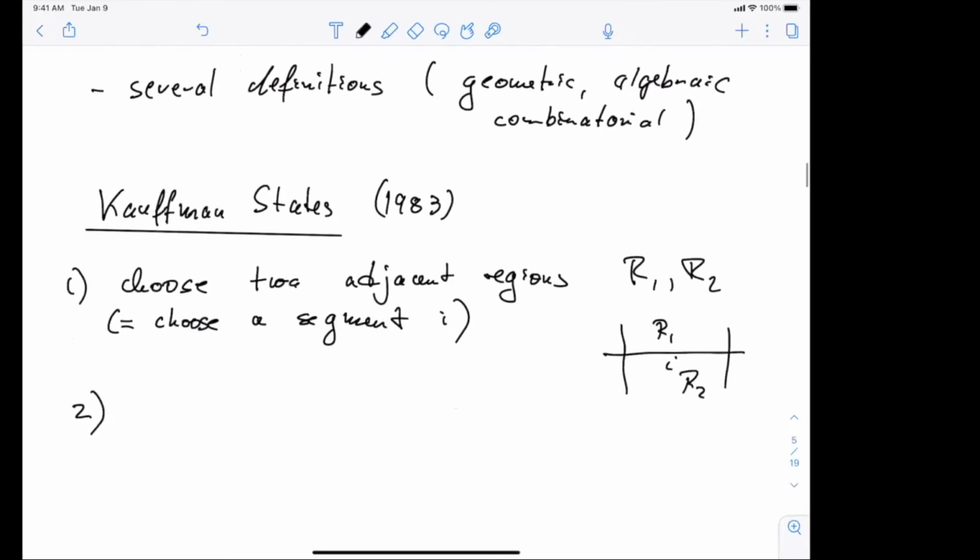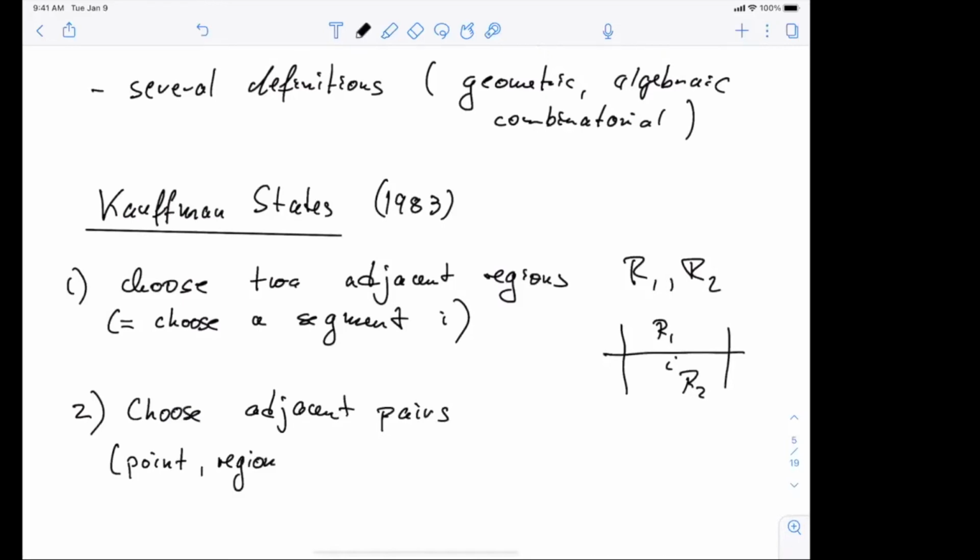Now what is the Kauffman state? We choose adjacent pairs. These pairs consist of a crossing point and a region, so the region has to be adjacent to the crossing point. This is a case in K0 times K2.